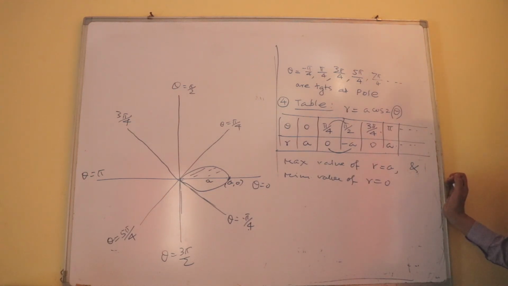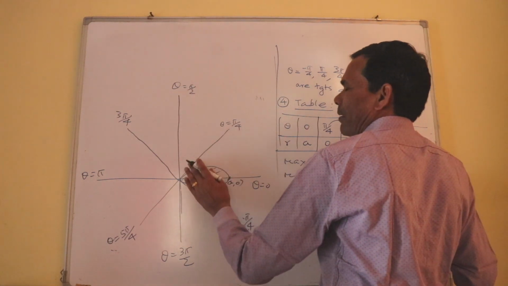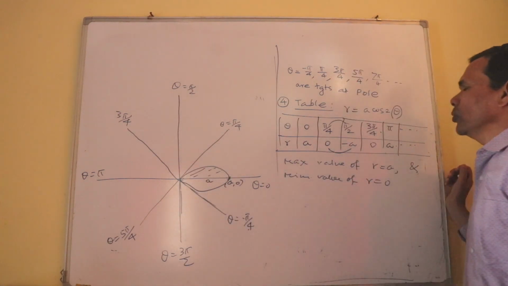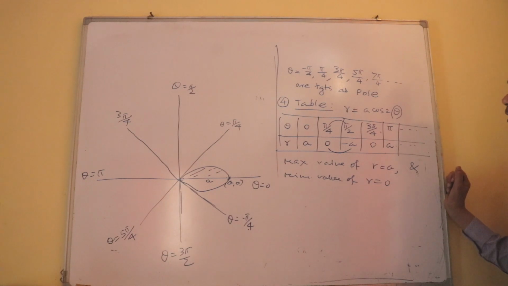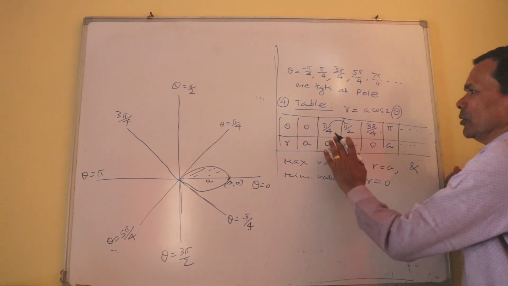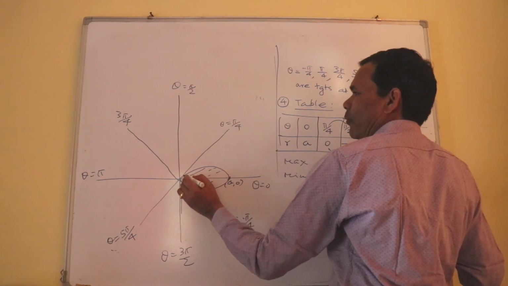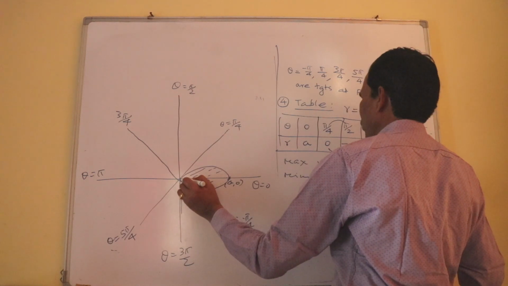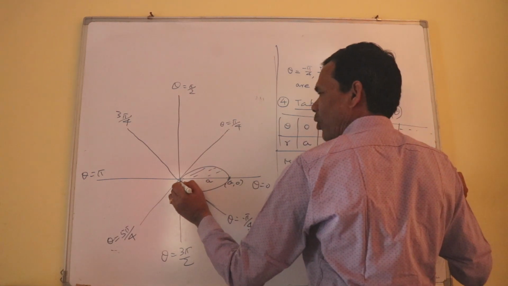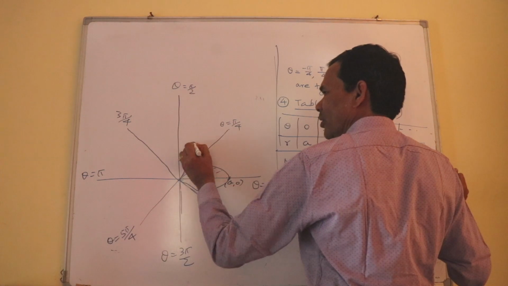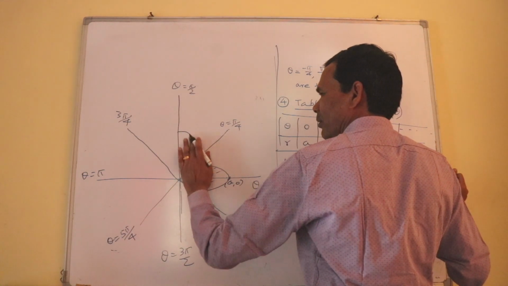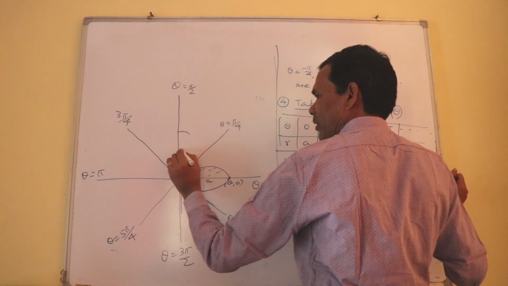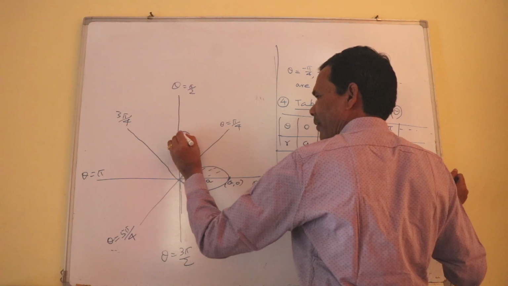Similarly, as theta increases from pi by 4 to pi by 2, r increases from 0 to a. Again, here is the loop formation, of length a.